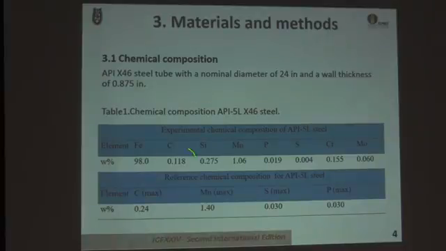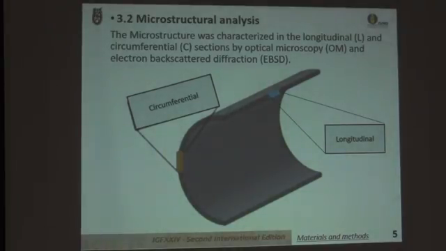Well, we start with the material corresponding to API X46. We have the composition of our material and the reference composition. We took those surfaces related to the fabrication of the pipeline, and we took the longitudinal and circumferential sections, which were analyzed by optical microscopy and electron backscatter diffraction.